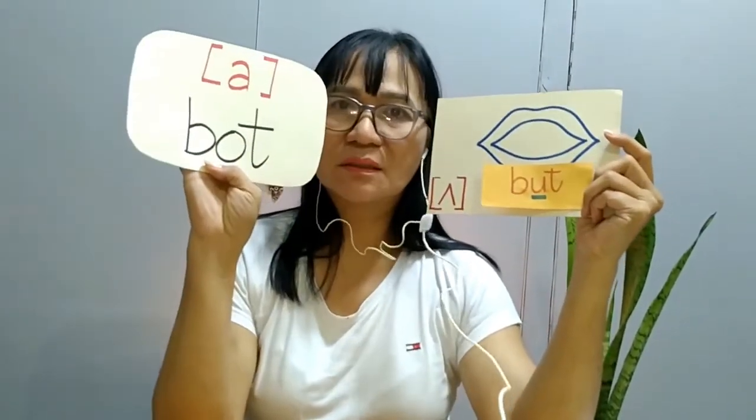Okay? Remember this word? This is "bought." But this one is "but." Okay? The same symbol or the same sound shall also go with the word "love." You do not say "lahv," but you say "luv."